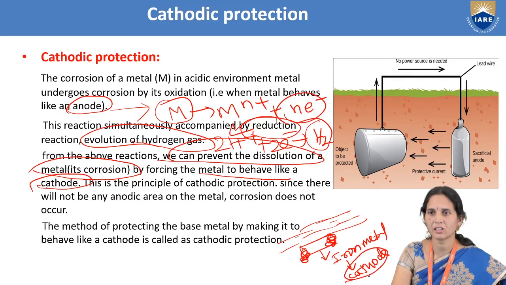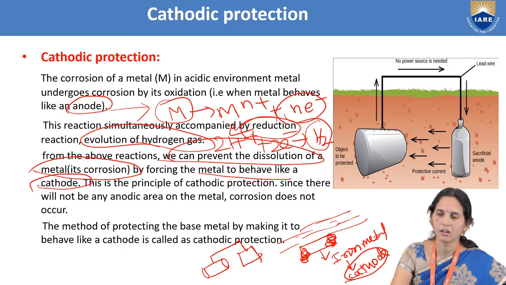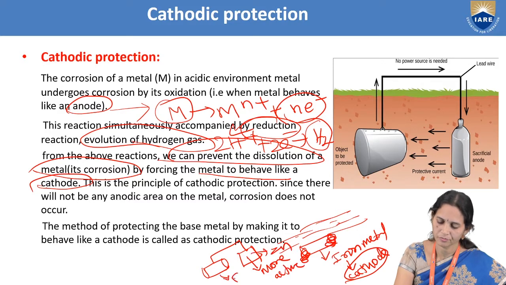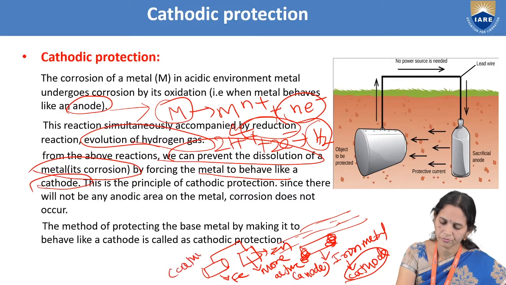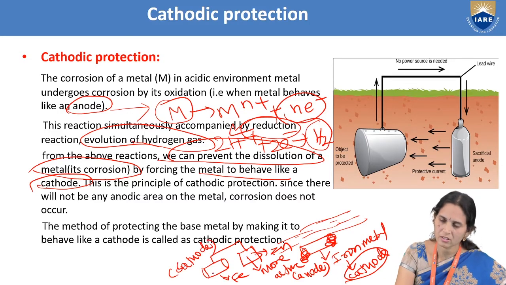When does it behave like a cathode? When the iron pipe is connected with another metal which is more active, for example zinc. Zinc metal is more active than iron. Now the zinc metal becomes the anode and the iron metal becomes the cathode.